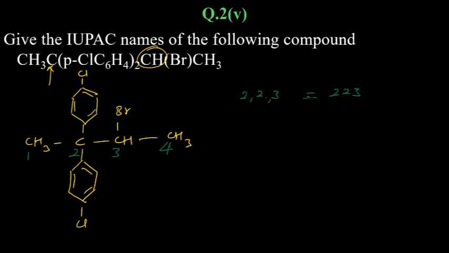That is 223. But suppose you would have started from the right-hand side, 1, 2, 3, 4, then it would have been 2, 3, 3. The branching first on bromine, and then on third you have two branches. That is 233. This one is smaller, so this will be correct, not this one. Numbering will not be from the right-hand side. Numbering will be from the left-hand side.